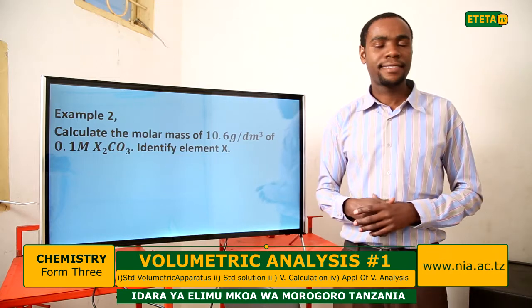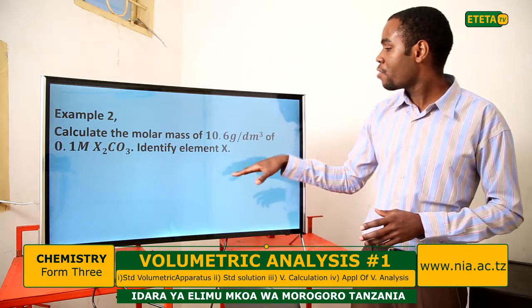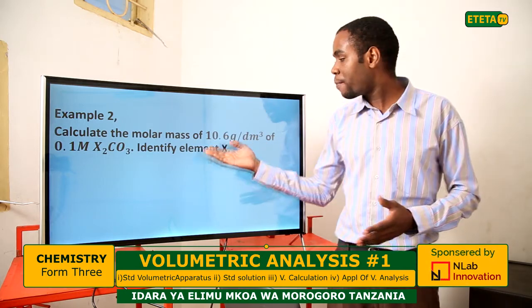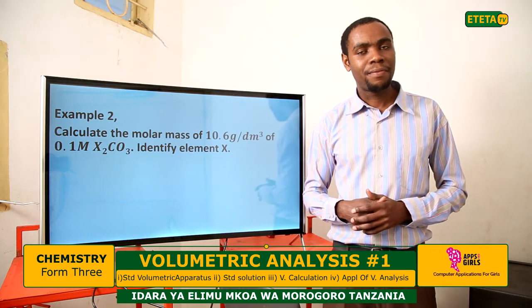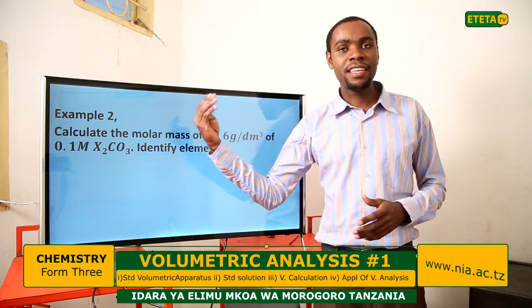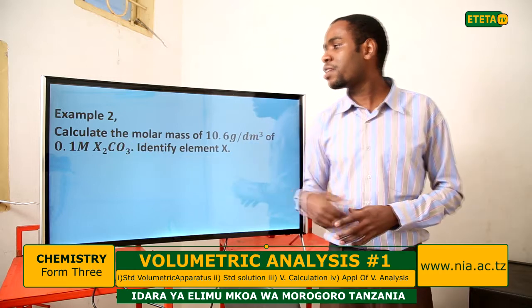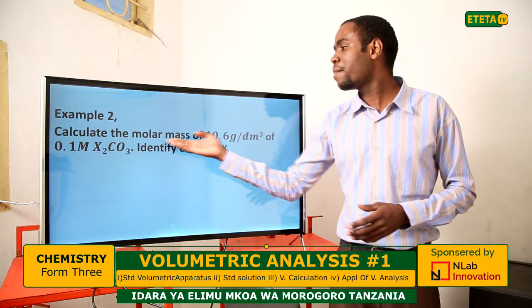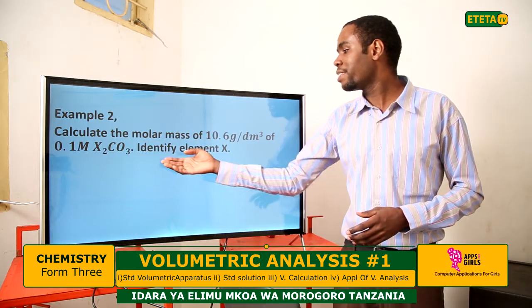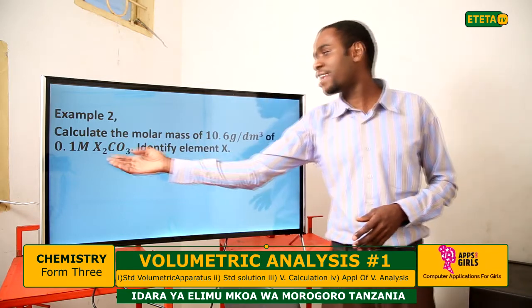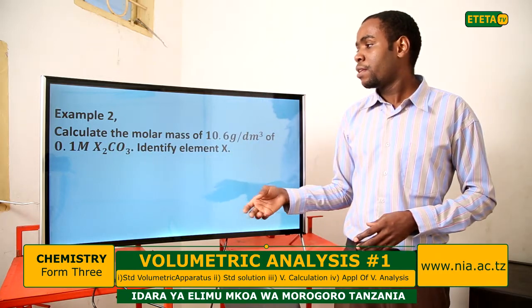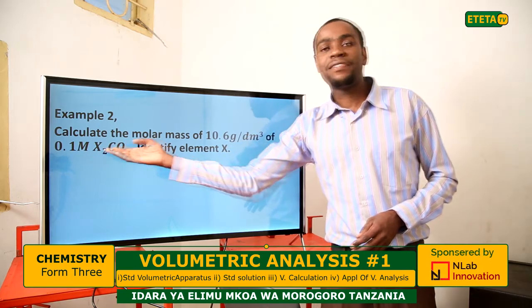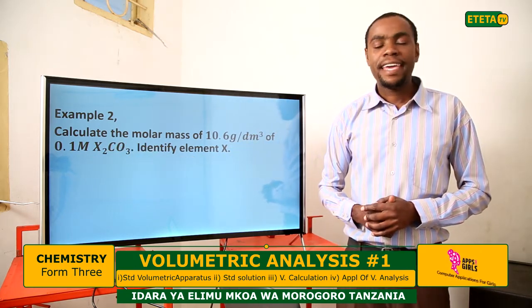Identify element X. So, in this question here, you have been given the mass concentration, which is equal to 10.6 grams per decimeter cube. Also, you have been given the molarity, which is equal to 0.1 capital M. What is required here is to calculate the molar mass, and second, to identify element X. I mean, X is a known element, so we need to identify it.